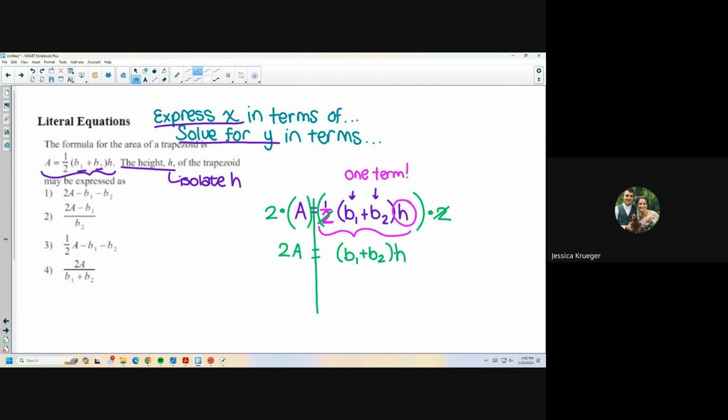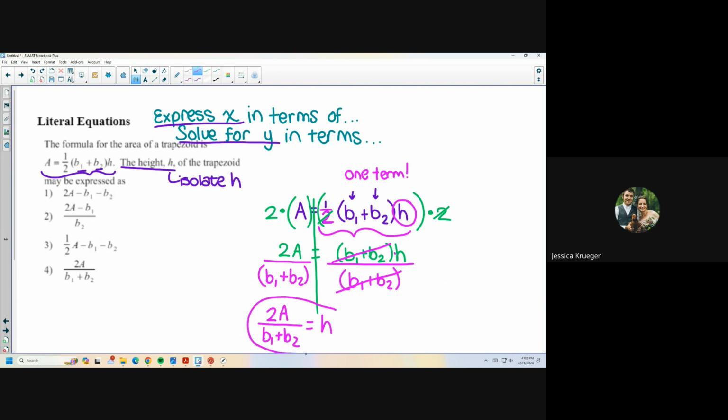To get rid of the parentheses b1 plus b2, since they're being multiplied by h, to break those apart, I'm going to divide by b sub 1 plus b sub 2. So these will divide out, and what I get is 2A over b sub 1 plus b sub 2 equals h.